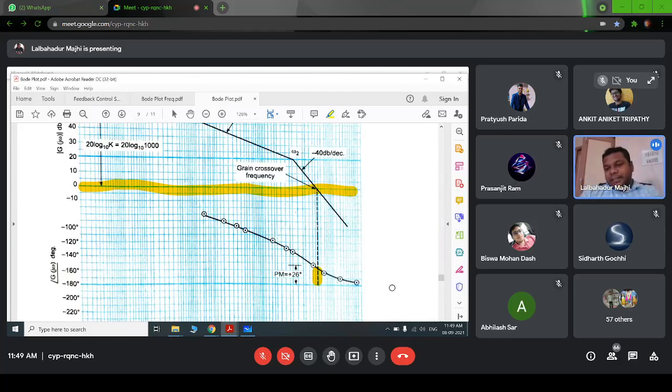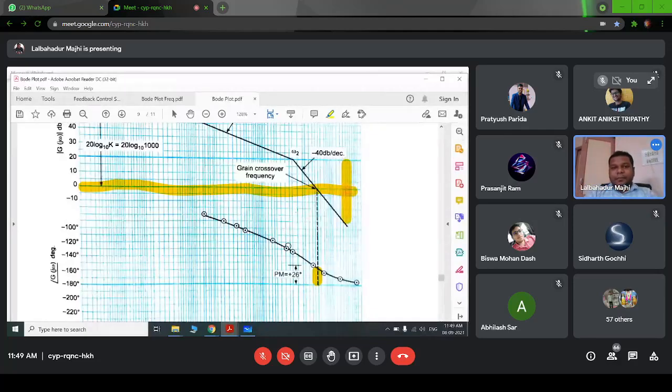If the gain margin is infinite, is the system stable or unstable? Stable, because we will get a positive gain margin. So it will be a stable system.